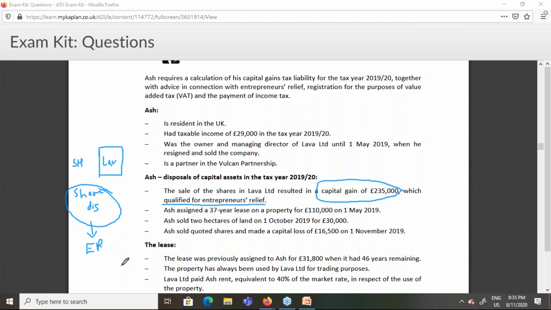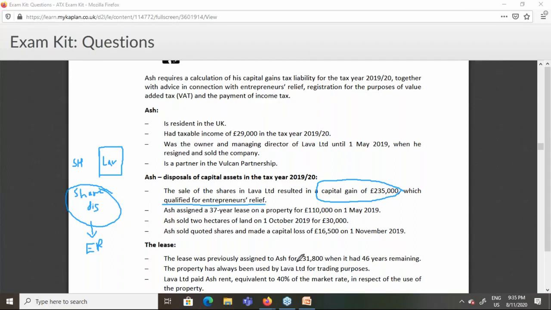And you would have noticed the assignment of the lease also has some connection to this Lava Limited. What is the connection? Now, Ash, who is the shareholder of Lava Limited, has got the lease under his name for 31,800.